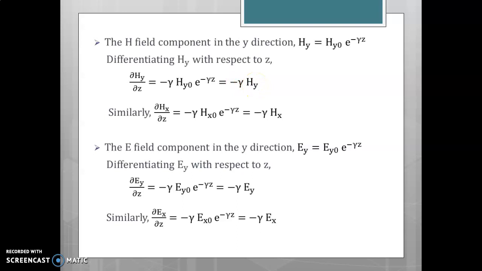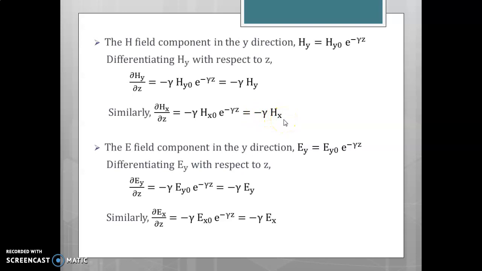Similarly, the magnetic field component in the x direction can be given by Hx is equal to Hx naught e power minus gamma z. Partial differentiation with respect to z will result in dou Hx by dou z is equal to minus gamma Hx.